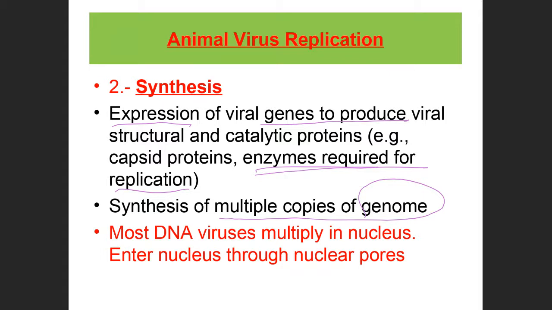So we have different places that accomplish different functions. What that means is that if a DNA virus enters an animal cell, it will have to go all the way into the nucleus to find the DNA polymerase that is going to replicate the virus, and the RNA polymerase that is going to transcribe the viral genome.